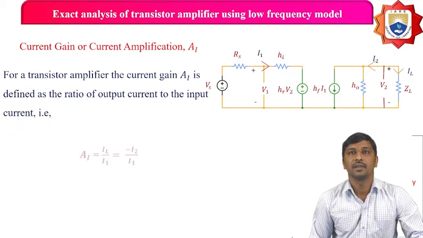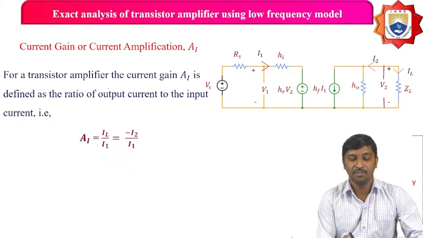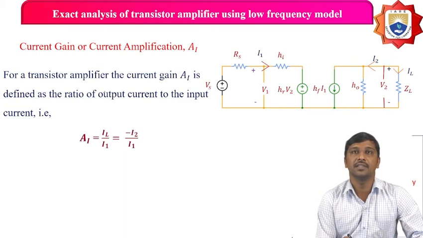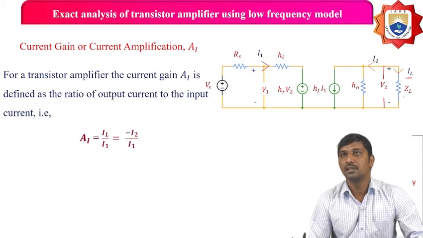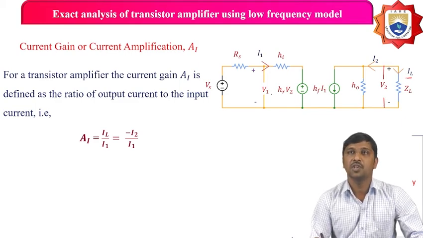In this small signal model, the output current is measured across the load resistance, so it is represented as IL, and the input current is represented as I1.